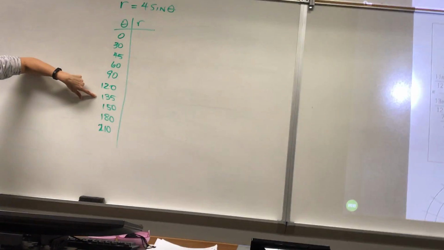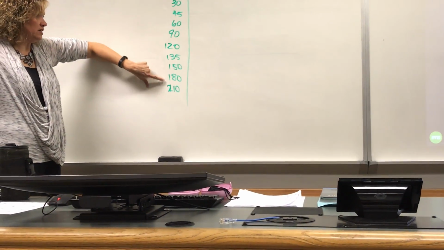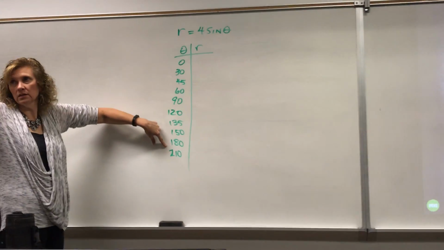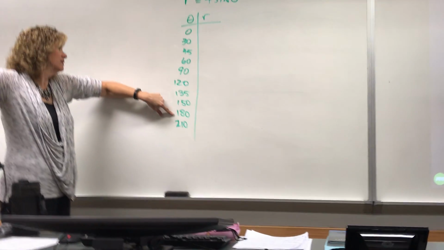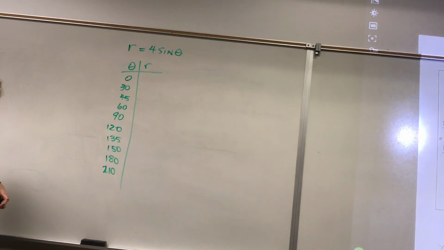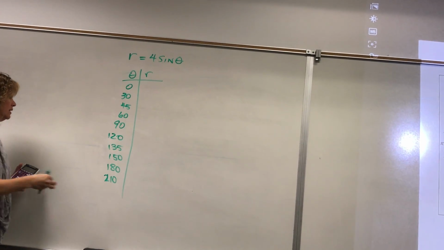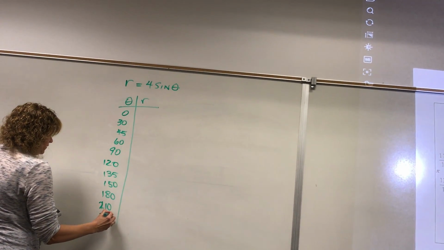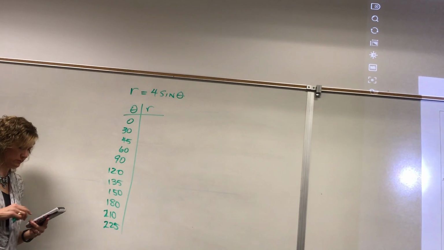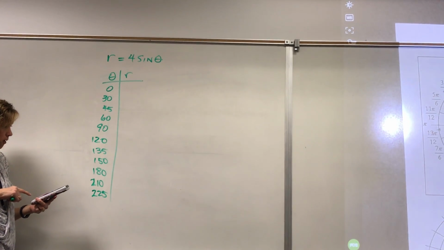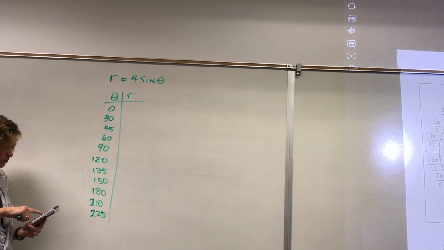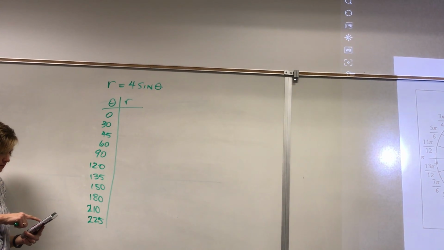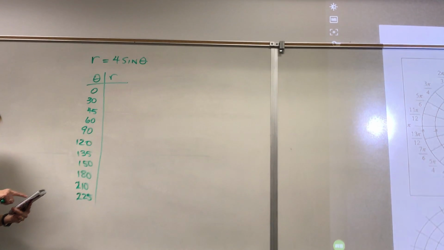Lexi, 135. Jonah, punch up 150. William, no. Patrick, 180. And I'll do 210. And whoever can do 225, because they had an easy one, because it was like 0 or 1, you could do that. Make sure you're in degree mode.